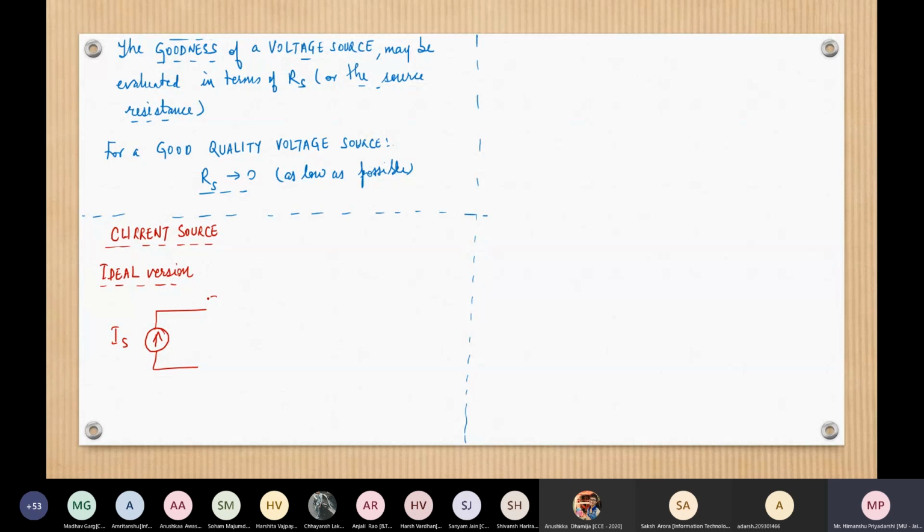Okay, so the current entering into the network, if you call it IN, will be equal to IS. Practical version.